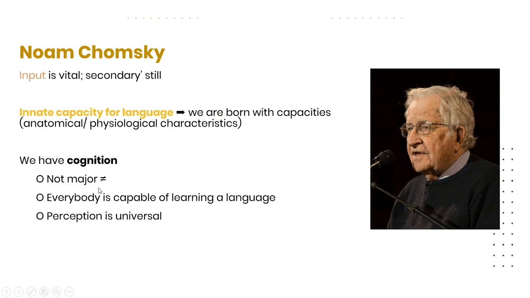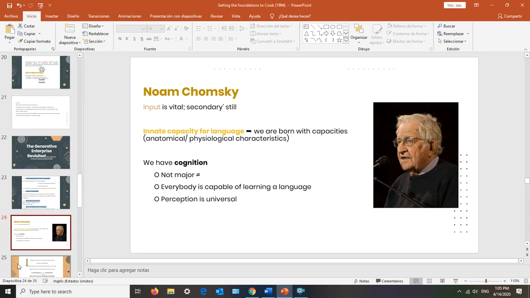We have not major differences across humans. We all do have it under normal circumstances if we're born without mental cognitive problems. In general, everybody is capable of learning a language, and also perception, a different ability, is universal. It's a shared ability across humans.